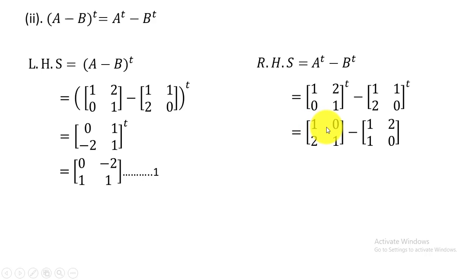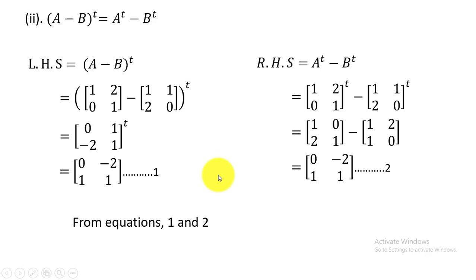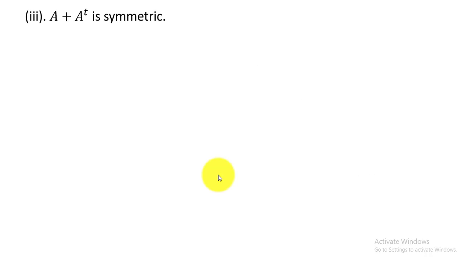We just subtract their corresponding elements. So 1 minus 1 is equal to 0, 0 minus 2 is equal to minus 2, 2 minus 1, that is 1, and 1 minus 0 is equal to 1. This is equation number 2. So from equation number 1 and 2, left hand side is equal to right hand side. So A minus B whole transpose is equal to A transpose minus B transpose.